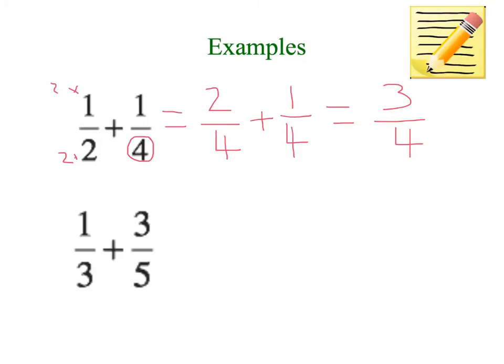And in this case, you can actually just multiply 3 and 5 together to get 15. So 15 is actually their lowest common multiple. Alright, so what did we do to the 3 to get to 15? So we times the 3 by 5 to get 15, so that's what we have to do to this 1. We have to times it by 5, so 1 times 5 is 5.